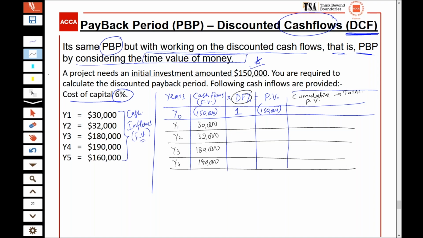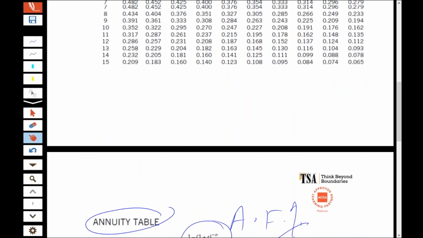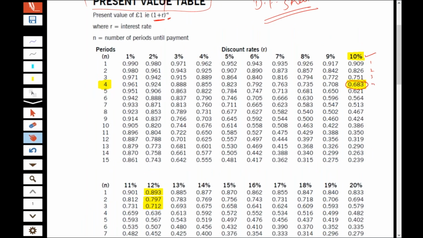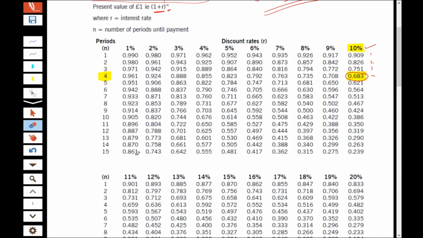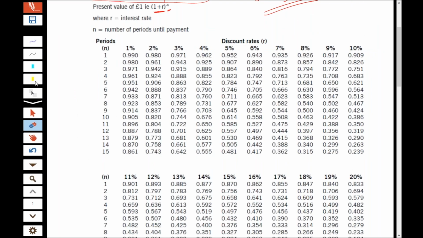The discount factor is of 6%. So do not use this sheet. This is the annuity factor. Use this sheet, discount rate, discount factors. I am removing the marks from here, the highlighted areas. We need 6%, and here it is the 6%.